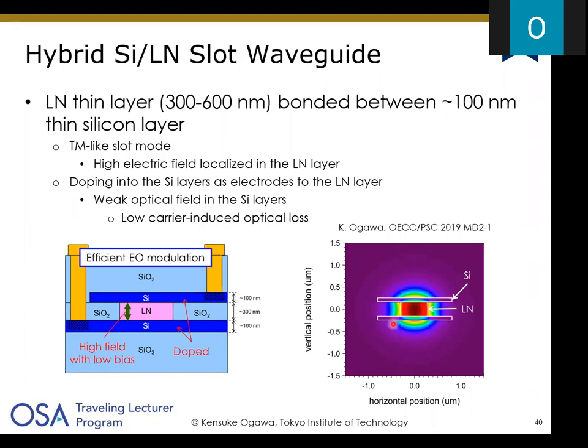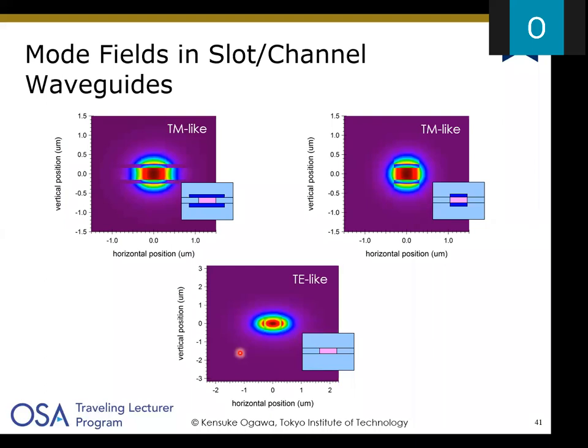So high intensity is confined in the middle of the lithium niobate, and highly efficient optical field modulation is possible by utilizing this slot mode in a vertical polarization.